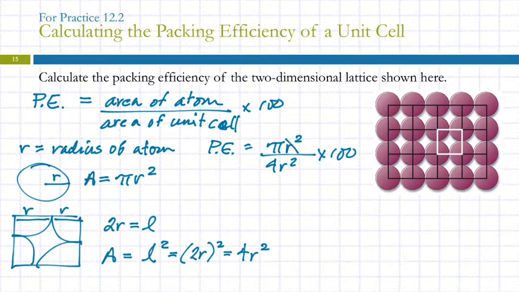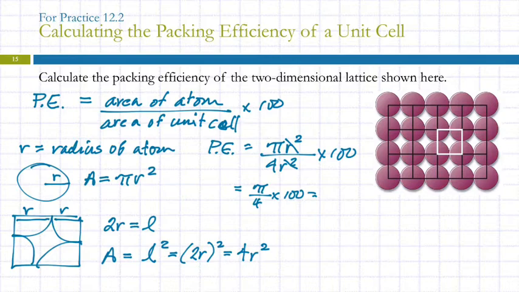The r's cancel out. We didn't need to know what the radius is. It doesn't matter. The packing efficiency is the same. So this is equal to pi over 4 times 100. This is chemistry, not math. We actually do the math. So I'm going to use the pi button on my calculator. Divided by 4 times 100.